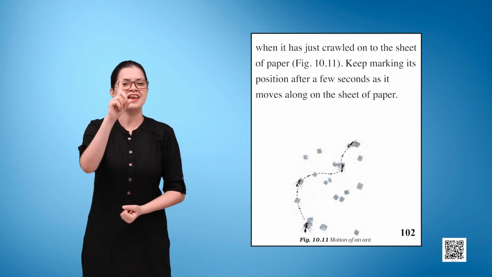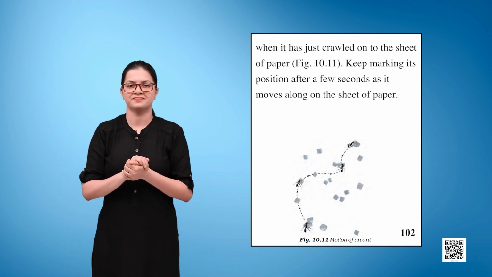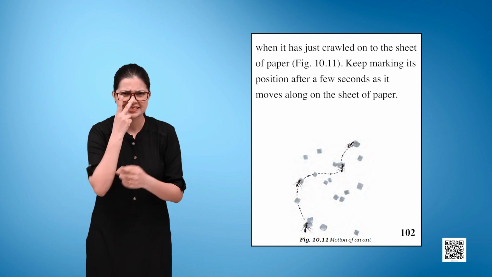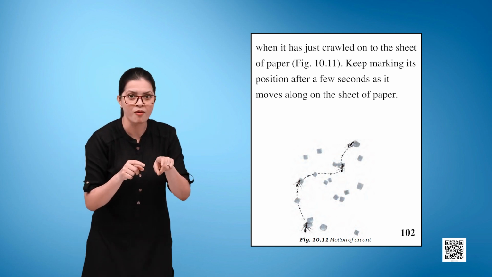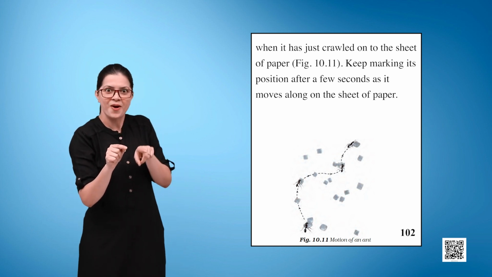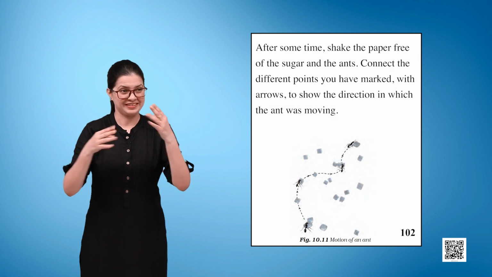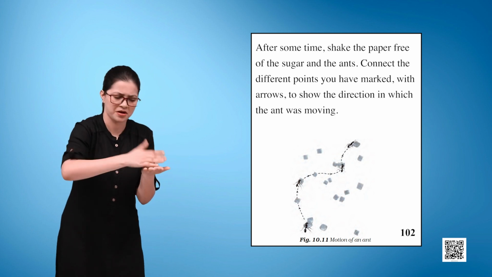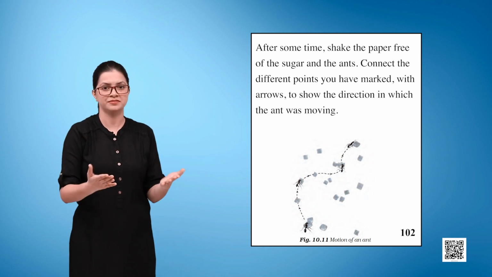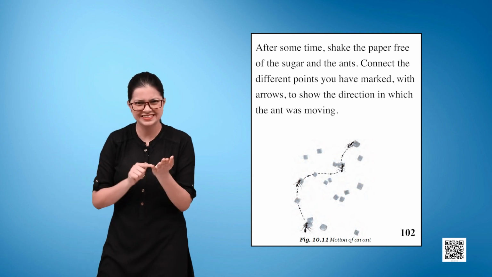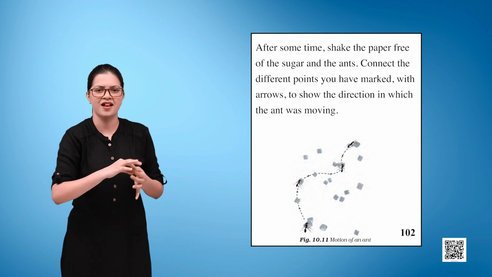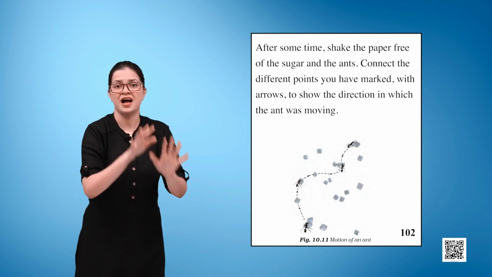Figure 10.11. Keep marking its position after a few seconds as it moves along on the sheet of paper. After some time, shake the paper free of the sugar and the ants. Connect the different points you have marked with arrows to show the direction in which the ant was moving.